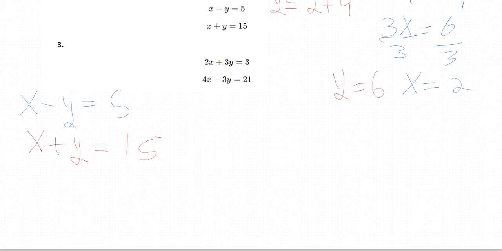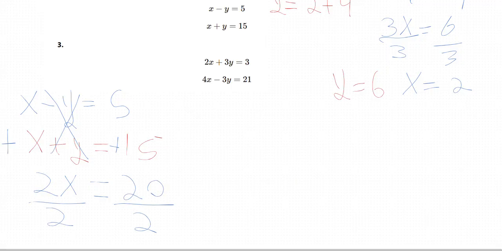Alright, and we are going to add those two together. So what we end up with is 2x. These two terms cancel each other out, equals, these two added together, equals 20. We divide by 2, and we get x equals 10.